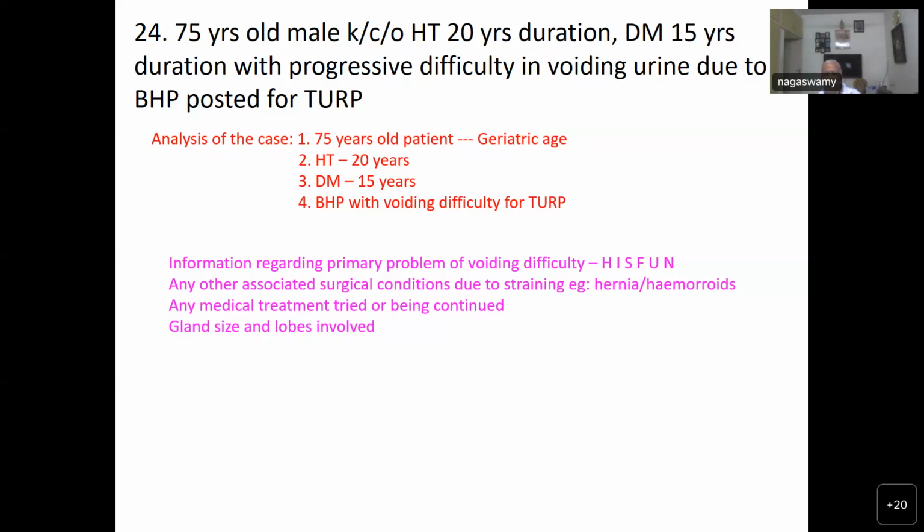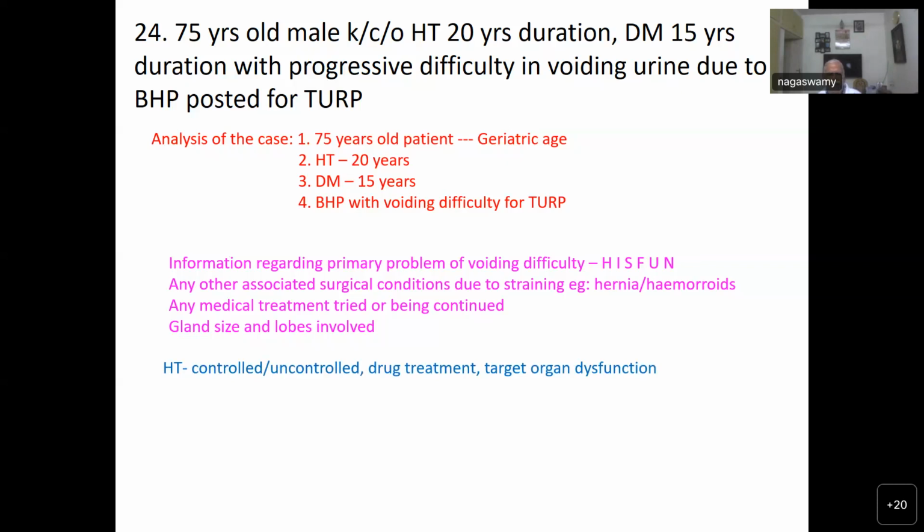A maximum resection of 60 grams only can be done to prevent severe bleeding and other complications. So if the gland is too large, the surgeon may opt for a 2-stage procedure. He may remove part of the gland in the first sitting, and after 2 or 3 days, he will bring the patient and do it in a second sitting. So for that, you must know the gland size also.